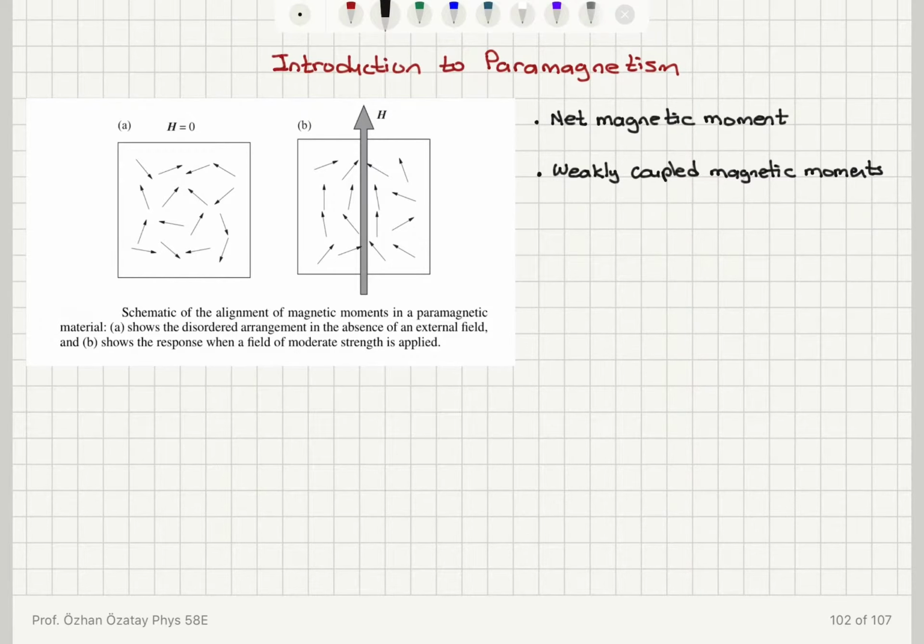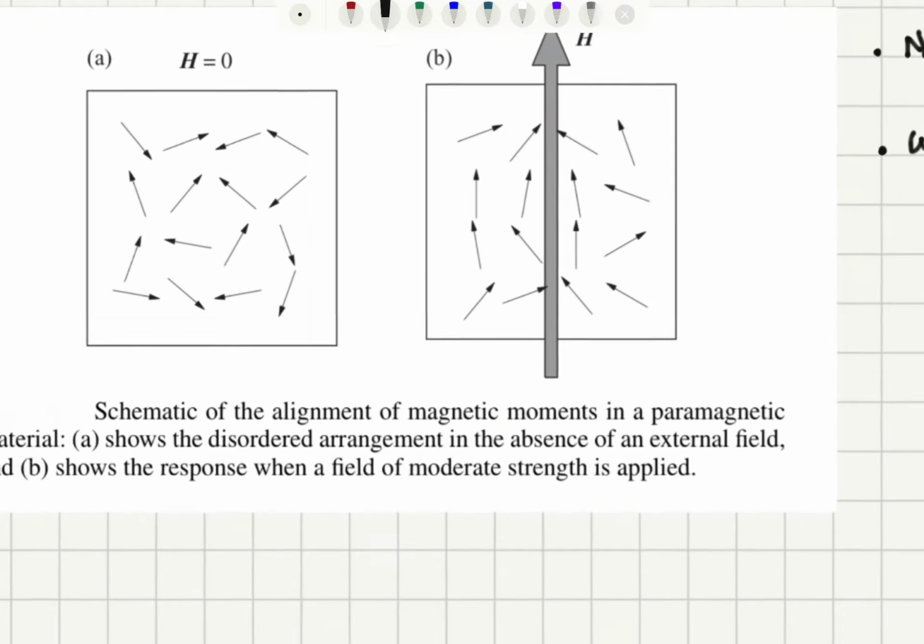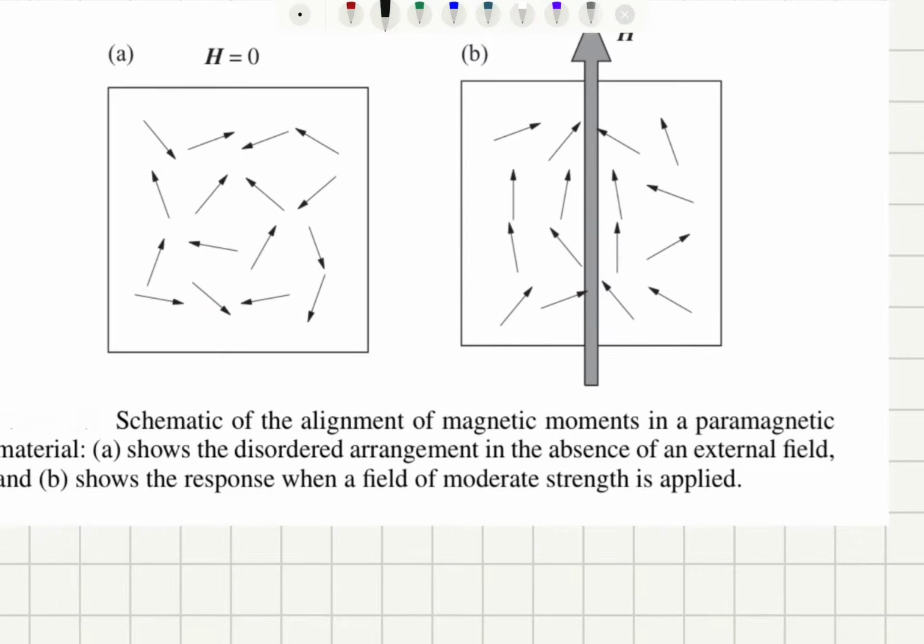And when the applied field is zero, as you can see in this figure, these net magnetic moments are randomly oriented. And what causes this random orientation? It's basically the thermal energy.